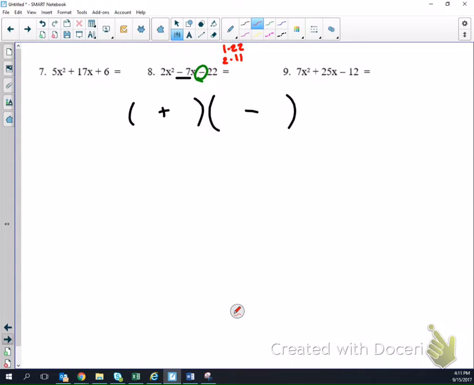So we're now going to be multiplying one of those by a 2, and then, just like it has right there, subtracting to get 7. All right, so 2 times 1 is 2, minus 22, we're going to get a negative 22. So that doesn't work. 2 times 2 is 4, and 11 minus 4 will be 7. So that's our winning combination.